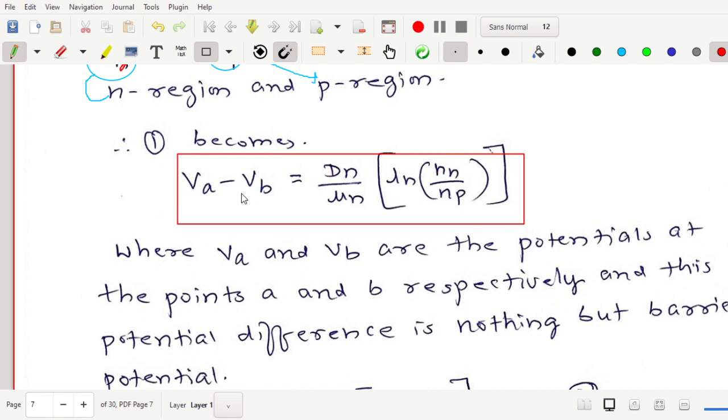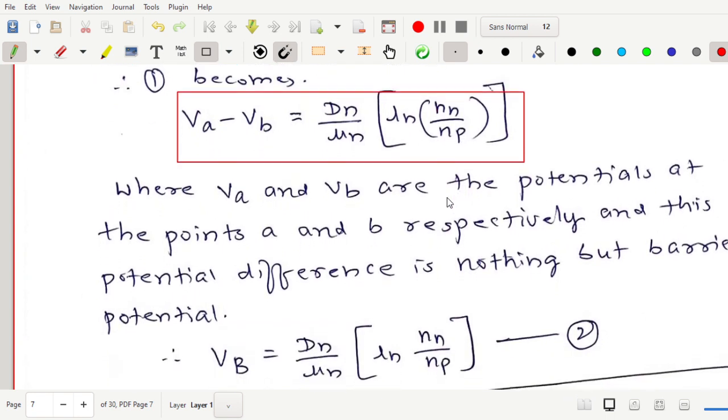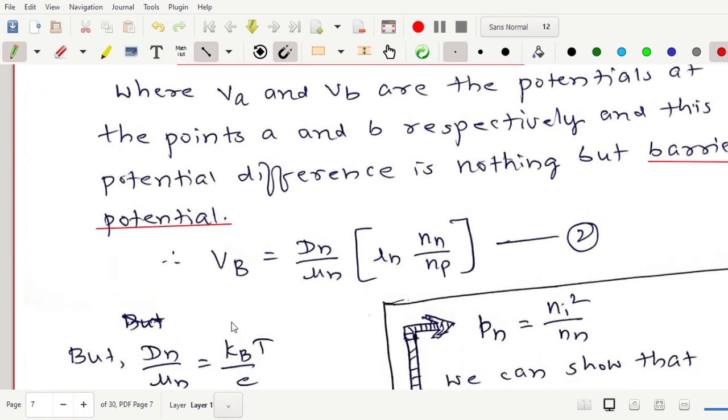So VA minus VB is equal to dN upon mu n ln nn by np, where VA and VB are the potentials at the points A and B respectively, and this potential difference is nothing but the barrier potential. So let us denote the barrier potential by VB.